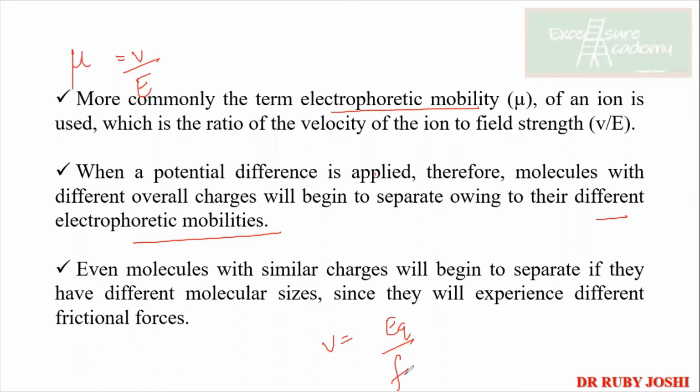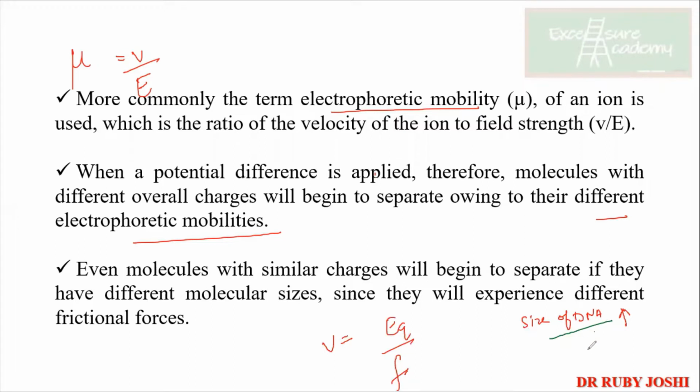f is your frictional force. Now the size of your DNA is large, correct? So because the size of the DNA is large, what will happen? However big something is, if you drag it, it will be difficult to move because there is so much friction.